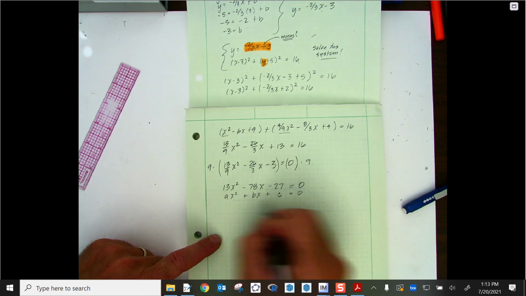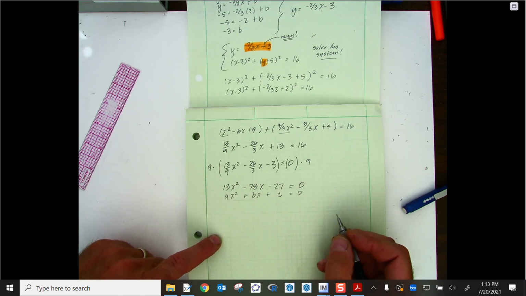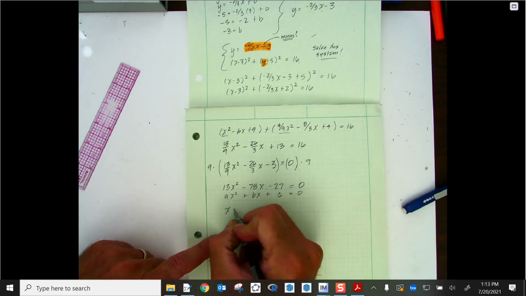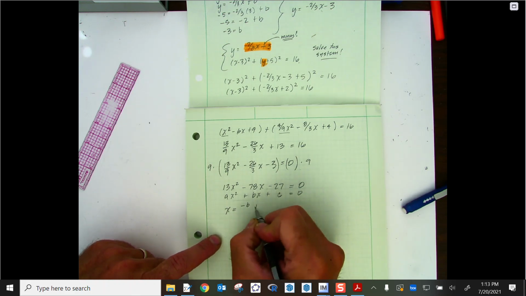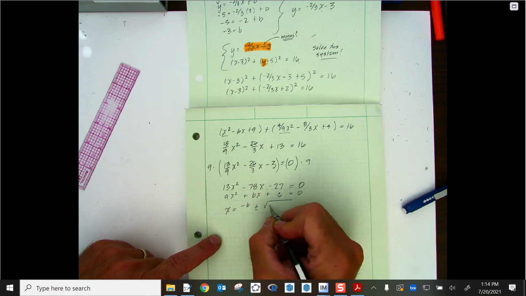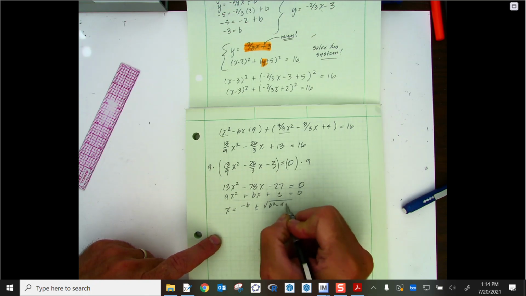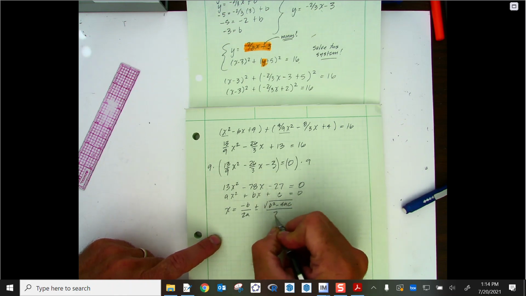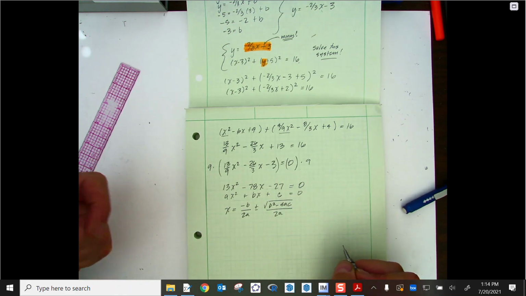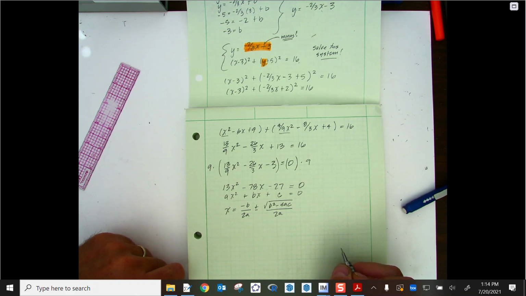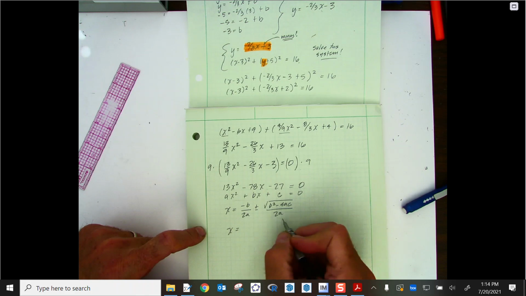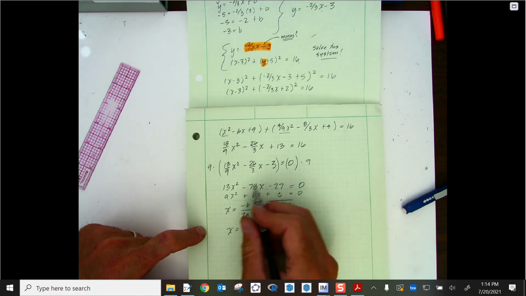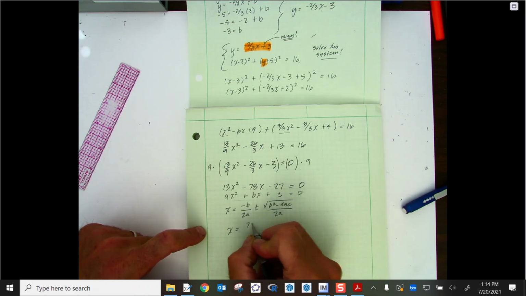And the quadratic formula works on any equation of this form. And its solution is given by x equals the opposite b plus or minus square root b squared minus 4ac all over 2a. Hope you like that rhyme. So let's take a look at it. So x is going to be negative b, so negative of negative 78 is positive 78.